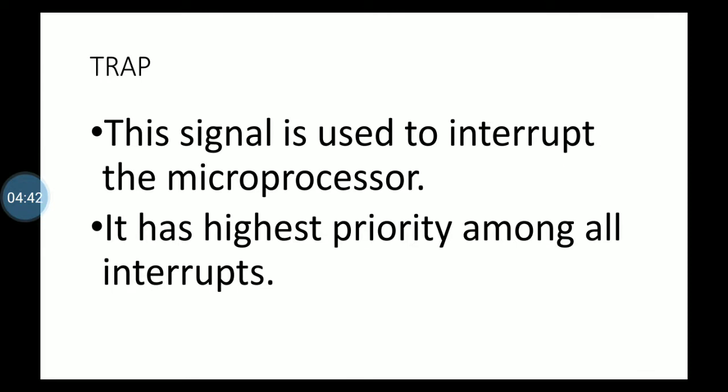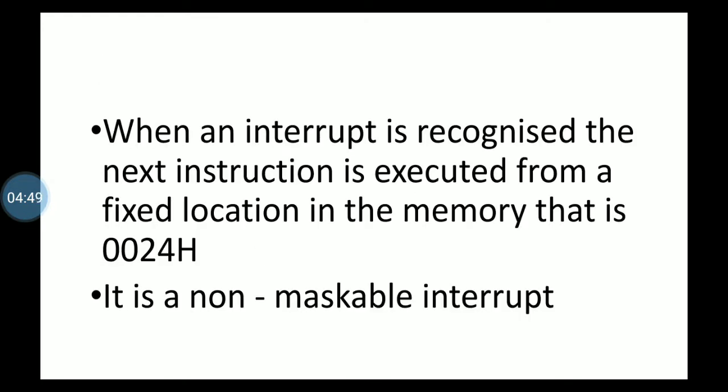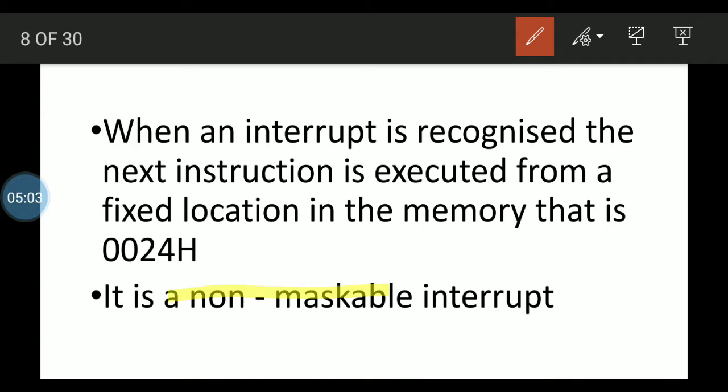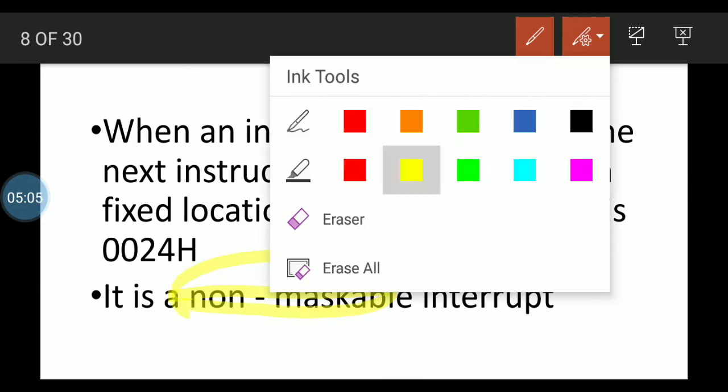TRAP: this signal is used to interrupt the microprocessor. It has the highest priority among all interrupts. When an interrupt is recognized, the next instruction is executed from a fixed location in memory, that is 0024H. It is a non-maskable interrupt. The meaning of non-maskable is that it cannot be kept pending.